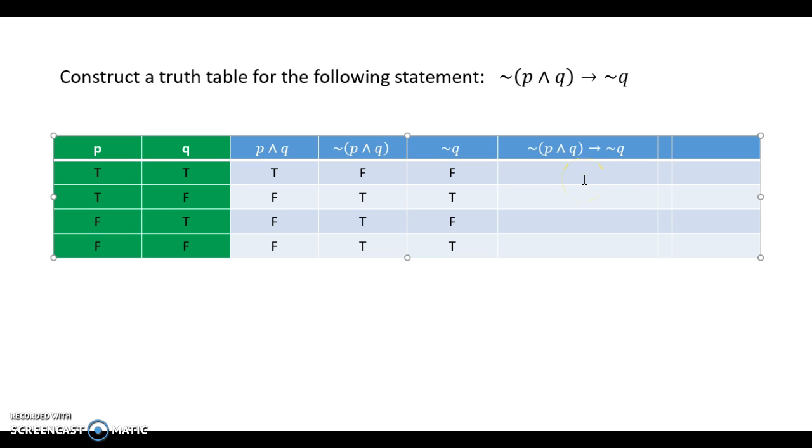The only time this will ever be false is if the first part, the left side of the arrow, is true and the right side is false. We can think of this like a broken promise. So if you do this, then this will happen. Well, they did this and this didn't happen. That's a broken promise. So we're looking for any place where this column is true and this column is false.